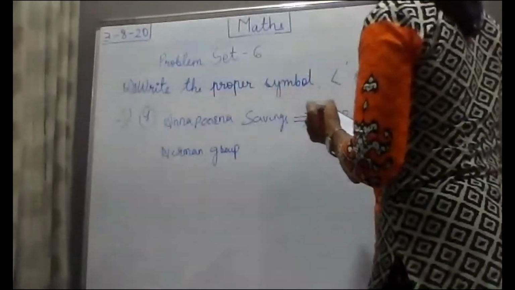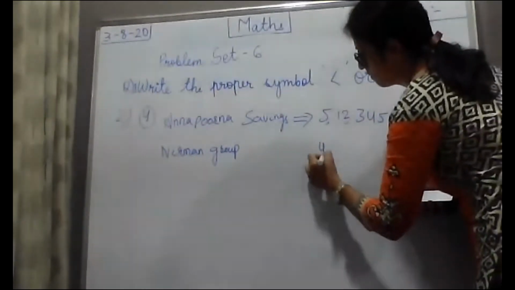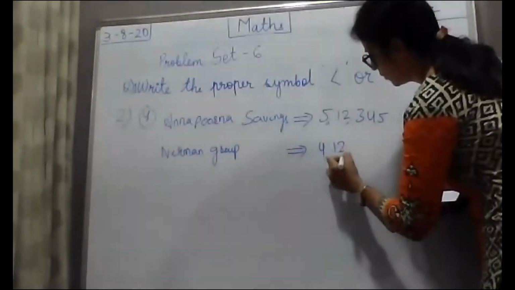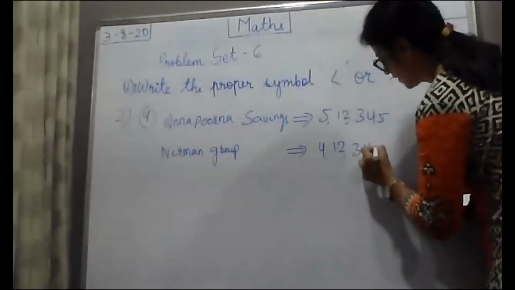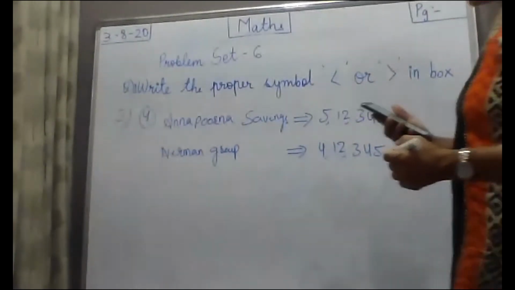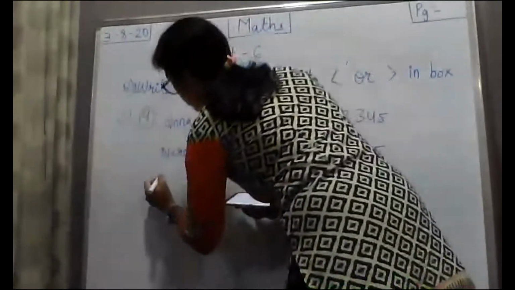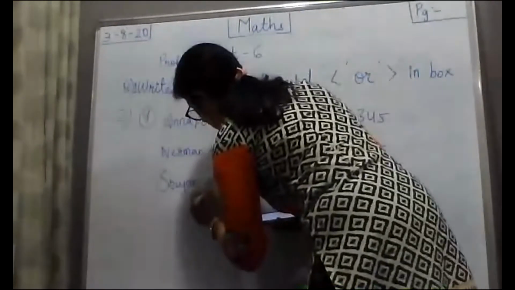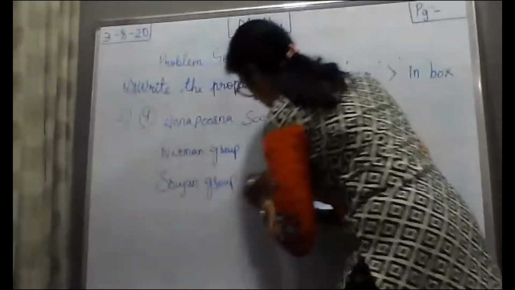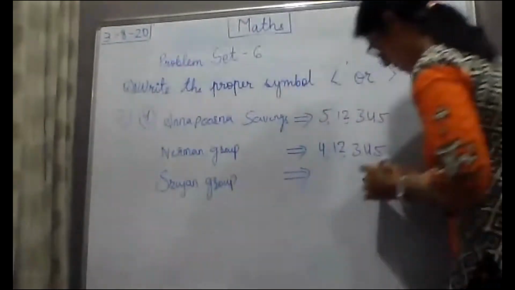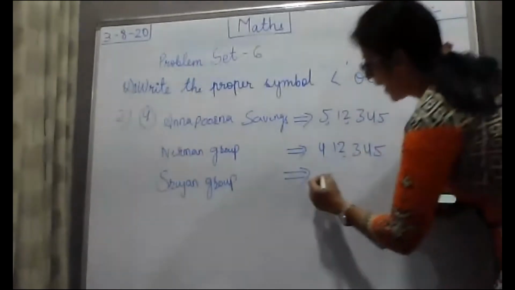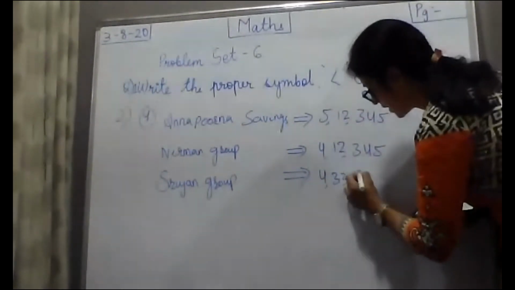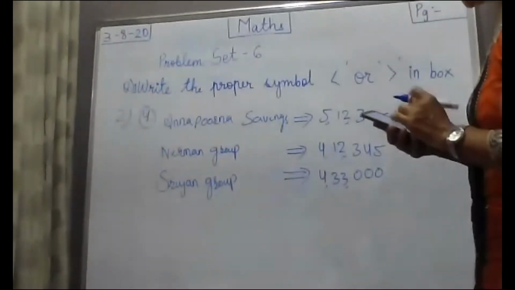Nirman Group is 4,12,345. Then Srujan Group is 4,33,000. Okay.